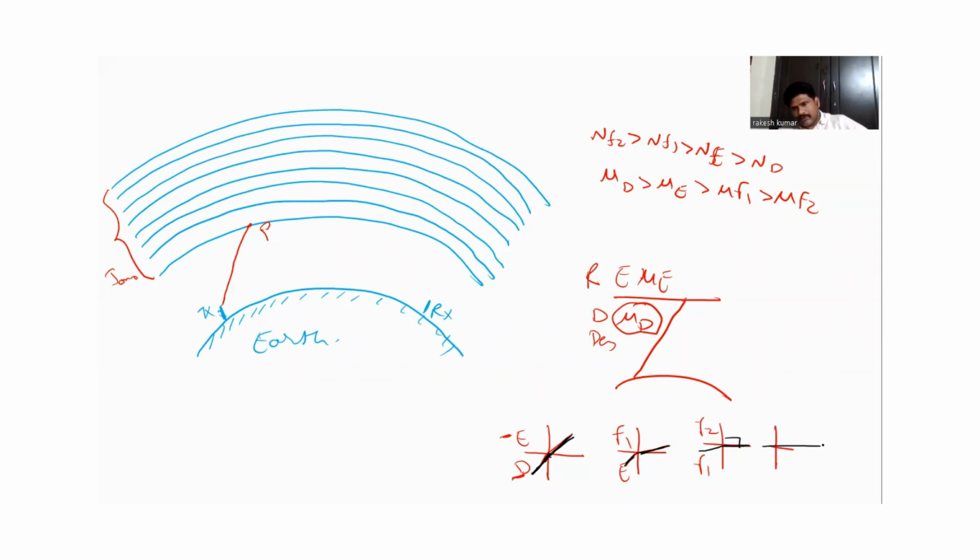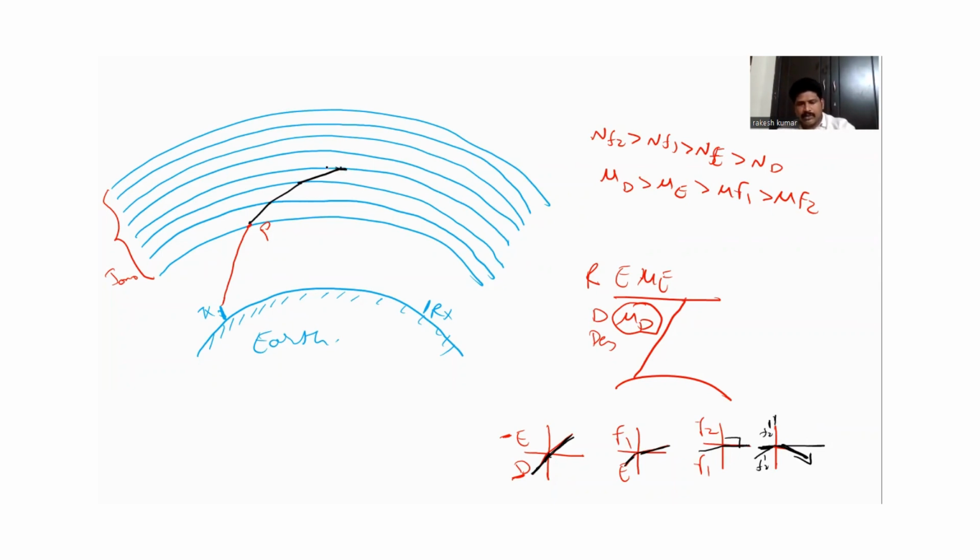Now the wave reaching the critical angle comes back. So whenever it enters, it deviates, deviates, deviates, and at one point it will become critical.